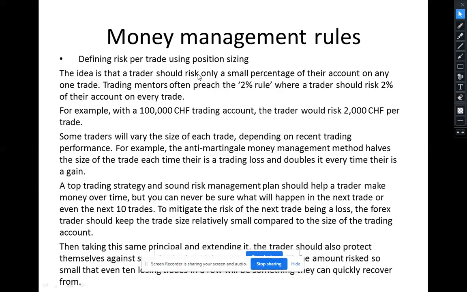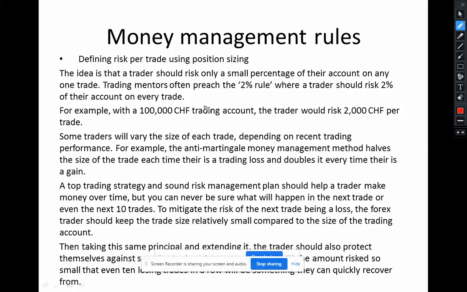The idea is that a trader should risk only a small percentage of their account on any one trade. So trading mentors often preach the 2% rule, where traders should risk 2% of their trading account on every trade.